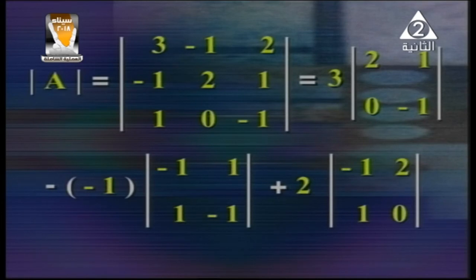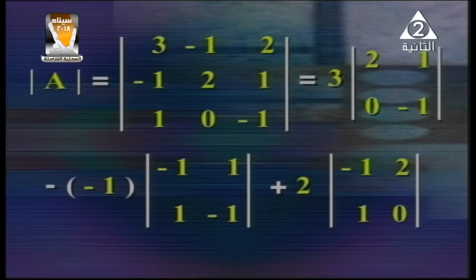What is the determinant of element 3? We cancel the first row and the first column. Why? Because 3 is A(1,1), its position is first row, first column. Removing the first row and the first column, the remaining determinant is [2, 1; 0, -1].